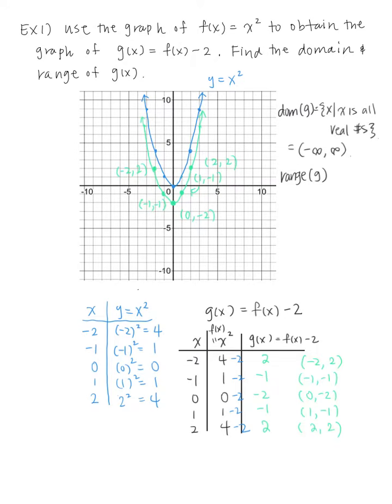So the range of g is going to be, I'm running out of room, set of all y values such that all the y values must be greater or equal to -2. Or in interval notation, you're going to have, close bracket, -2 all the way up to infinity. So this is the domain and the range of our function g of x.